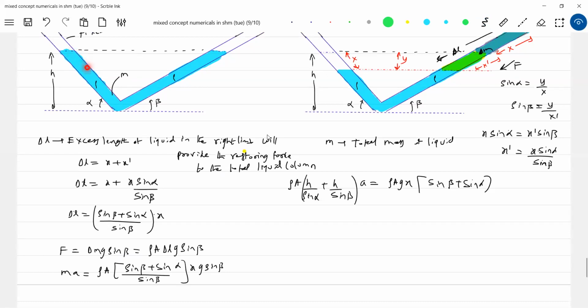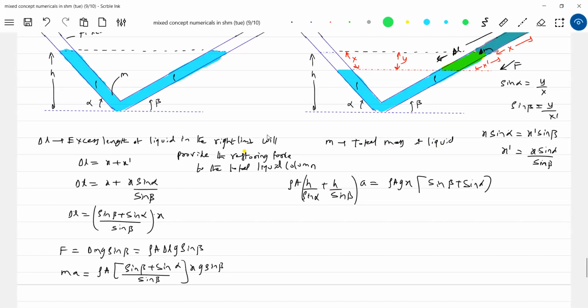What is the length of this part? H by sine alpha. And the length of this part? H by sine beta. Total length of the liquid column will be H by sine alpha plus H by sine beta. That's why I'm writing M here: the total mass of liquid will remain the same.